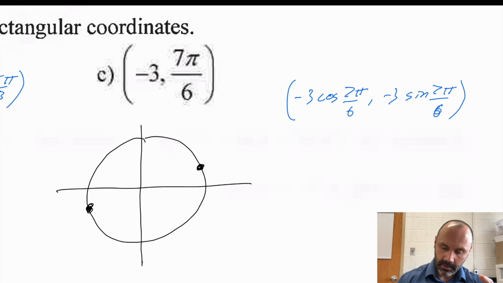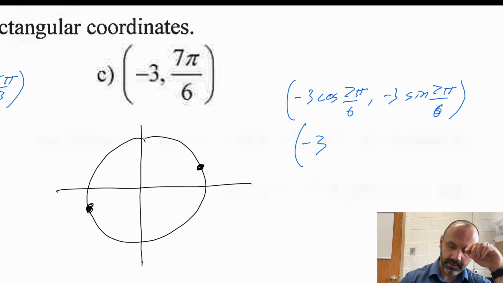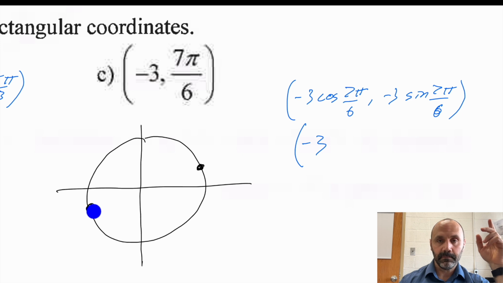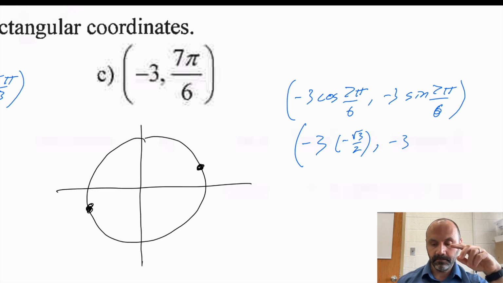Okay, so let's do this one at a time here. Cosine of 7 pi over 6. Again, since that's over here, that's going to end up being negative √3 over 2. So let's see, -3 times negative √3 over 2. And then -3 times sine of 7 pi over 6 over here again.